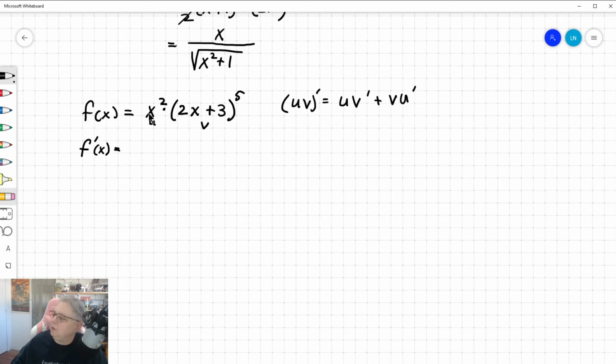So we do u, x squared, times the derivative of v. The derivative of v is this for right now, plus v, 2x plus 3 to the 5th, times the derivative of u.